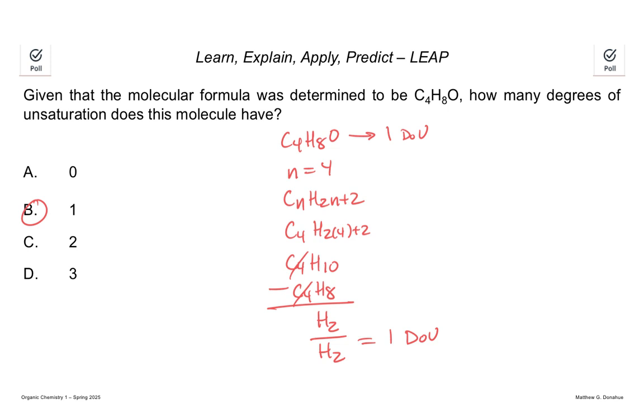And so we can think, that degree of unsaturation can be a pi bond or a ring. And so now there's a lot of possibilities for constitutional isomers within that molecular formula.